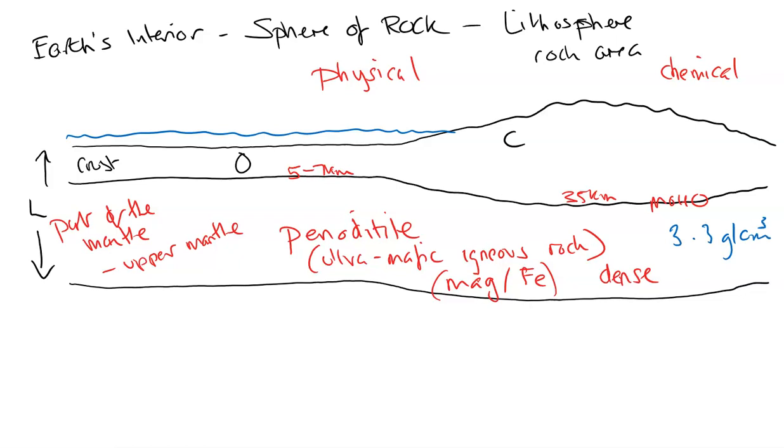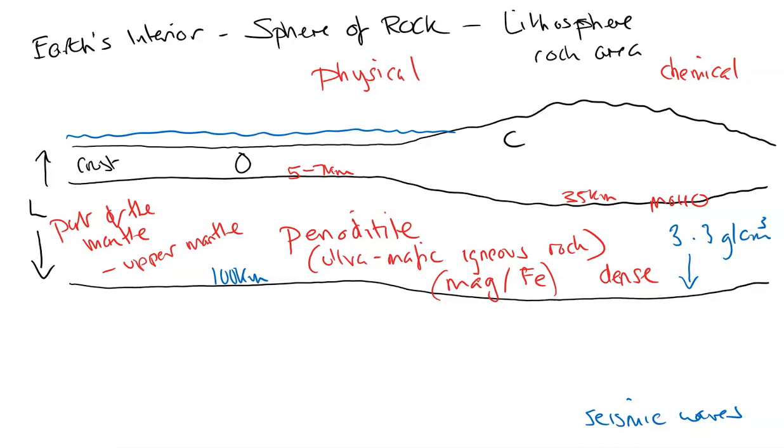Now, that would increase from the MOHO down to an average of 100 kilometers, which is the deepest kind of boundary where, again, the seismic waves would change.